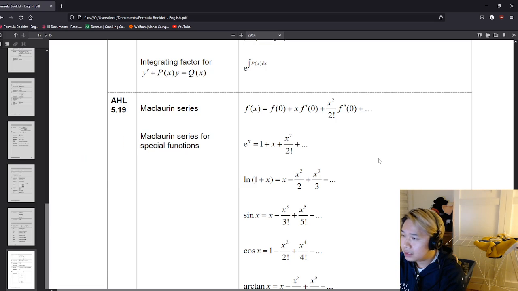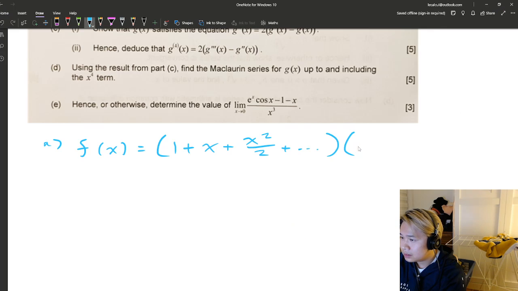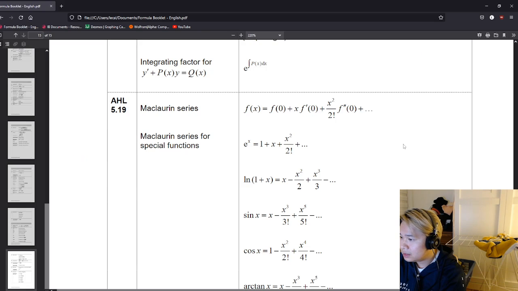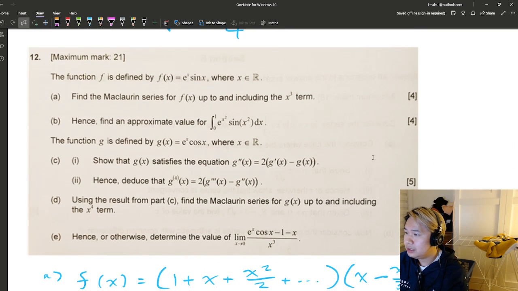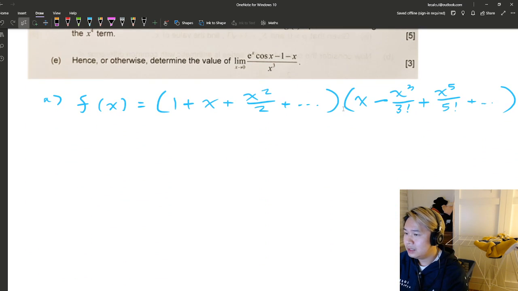Sine x Maclaurin series: x minus x cubed over 3 factorial plus x to the power of 5 over 5 factorial. I don't even need to include that one because we only want to go up to the x cubed term. So think about all the terms that when you multiply them together make x cubed, or up to x cubed.